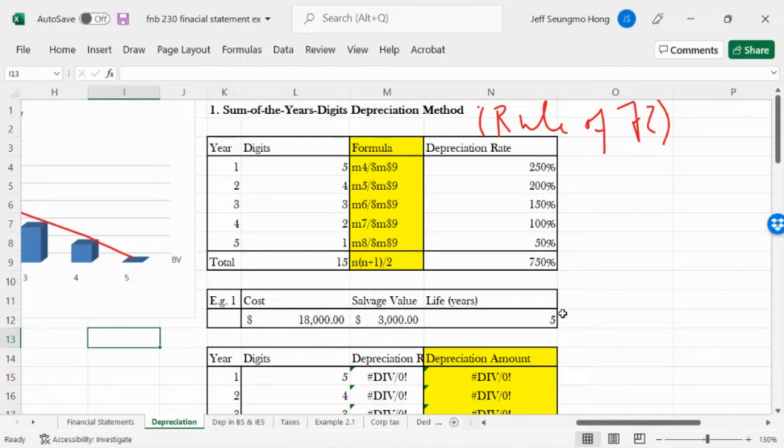But because the IRS doesn't want it, you spread it over 5 years. But instead of spreading it evenly, you want to put more weight in the early years, right? That way you depreciate more, and the benefit of depreciating more is the tax break, more tax shelter or tax shield in the earlier years, right?